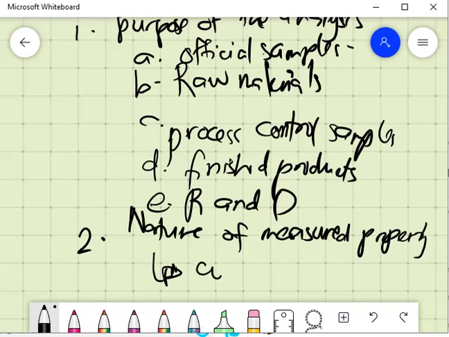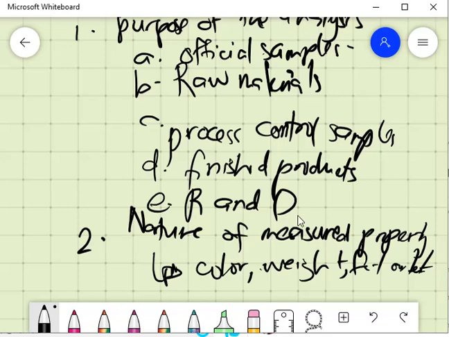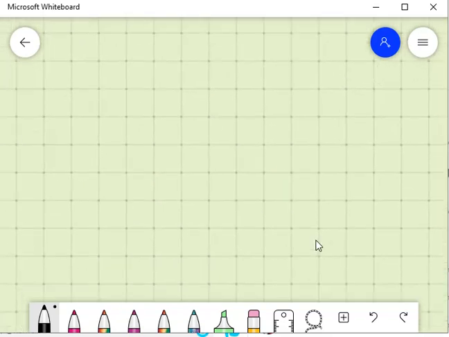So for example, do you need to measure the color or the weight? Color, weight, fat content, and so on. Okay? So it depends on your objective.